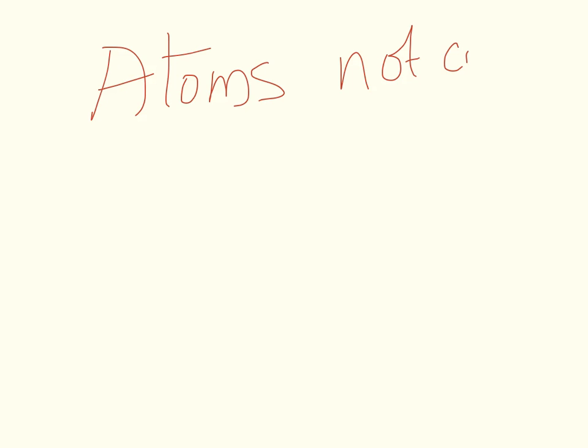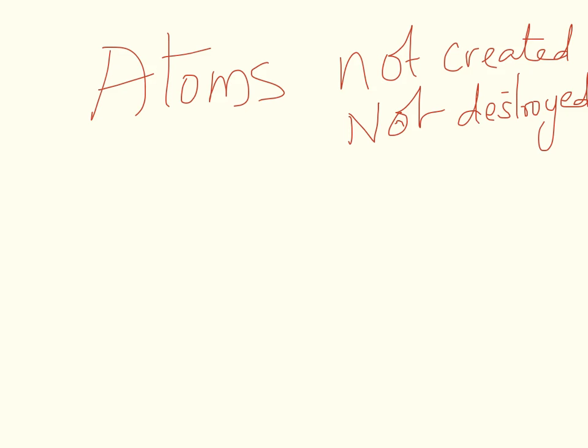So atoms will not be created or destroyed. The atoms, or matter for that matter, but for now let's just say atoms, are not created nor destroyed during a chemical reaction.